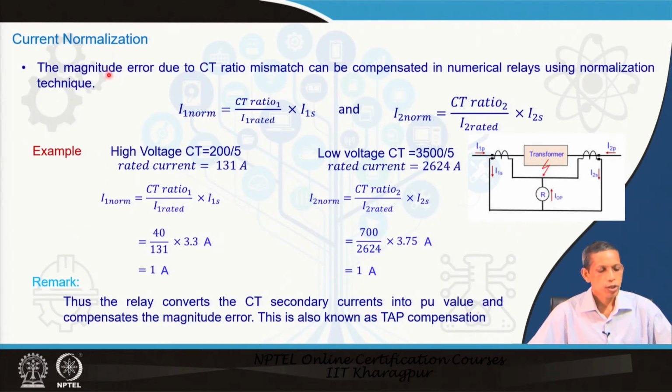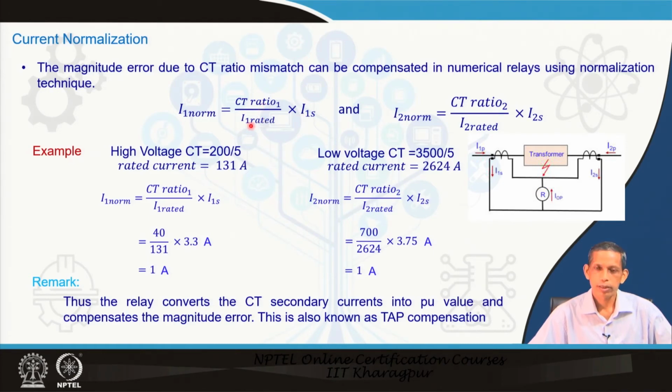So, what is being done in normalization of the current? The primary side normalization equals the CT ratio of that side, CT ratio 1 on the primary side, divided by I1 rated, into I1s. The normalized current is I1s, the secondary current on the primary side of the transformer, into the CT ratio divided by the rated current.